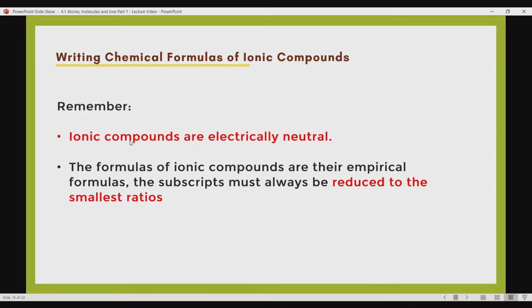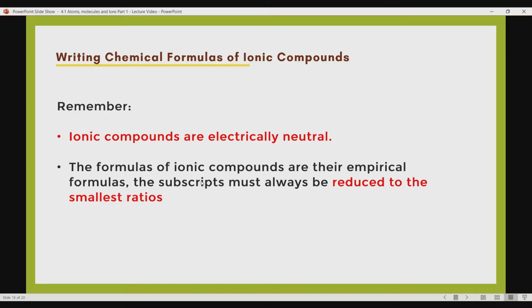However, the things to remember: ionic compounds are electrically neutral. Again, ang mga ionic compounds po ay electrically neutral, tulad ng mga molecules. Dapat po yung magiging sagot natin kapag nagsusulat ng chemical formula ay walang charge, walang negative, walang positive.